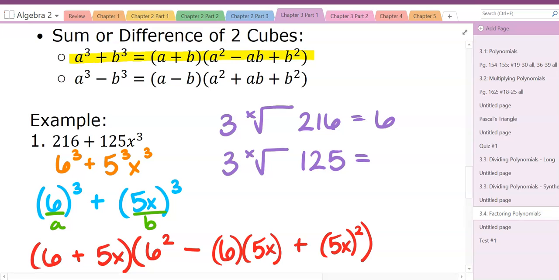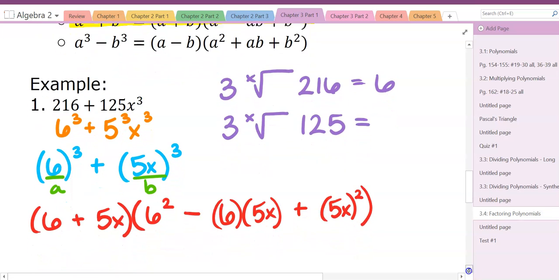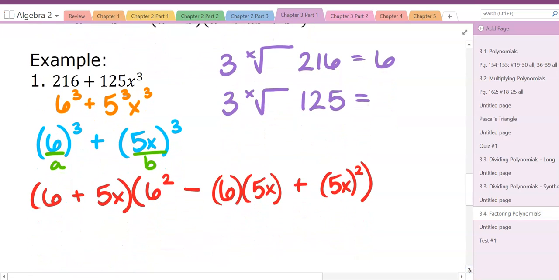The last thing I do here is simplify this big portion, because I don't like it to say 6 squared or have a bunch of parentheses. I want to simplify it so that it's a more fluid sentence. So I'm going to write 6 plus 5x. There's nothing I can do with that first piece, so we leave that alone.